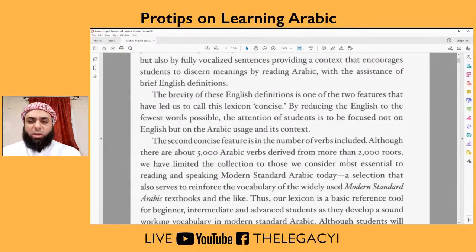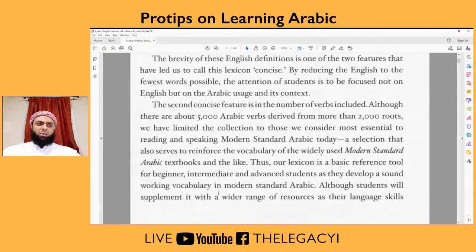And at the same time, if you're reading Arabic, you'll probably at some point want to be able to read works by contemporary scholars, or, depending on what your reasons for learning Arabic are, maybe not even scholarly works, just general reading. And so obviously this will be useful. A selection that also serves to reinforce the vocabulary of the widely used modern standard Arabic textbooks and the like.